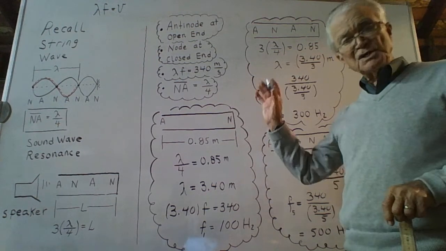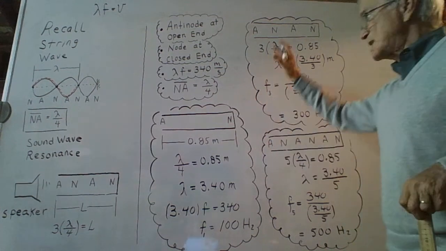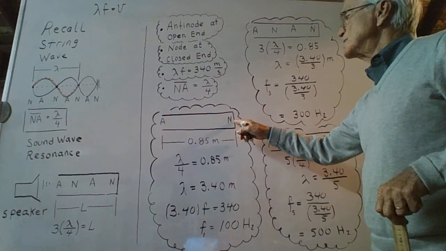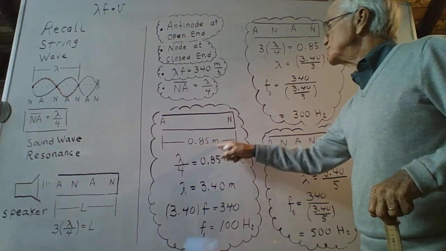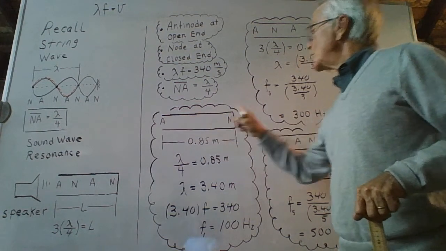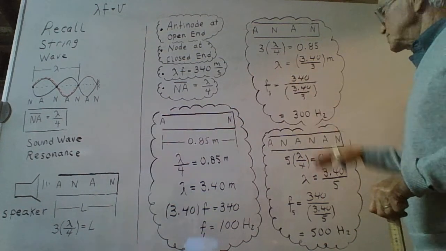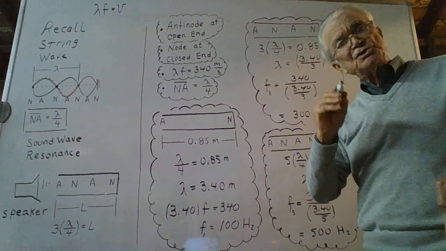Now, in the next video lecture, we'll repeat the same kind of calculation, except remove the barrier at this end of this 0.85 meter tube. We'll have an open tube. We'll go through exactly the same sort of calculations. And I'll tell you now what you can expect to see.